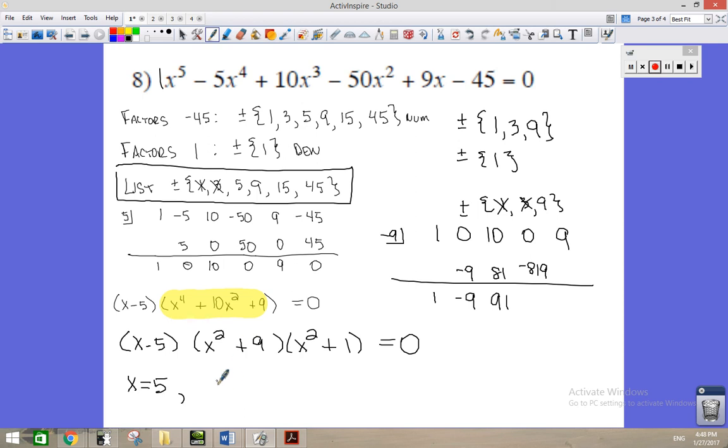I know that here this produces two imaginary numbers. X squared is only going to be a negative number in the set of imaginary numbers, complex numbers, and same over here, that x squared is never going to be a negative 1. So this is contributing 2 degrees, this 2 degrees, this 1, and 2 plus 2 is 4 plus 1 is 5.